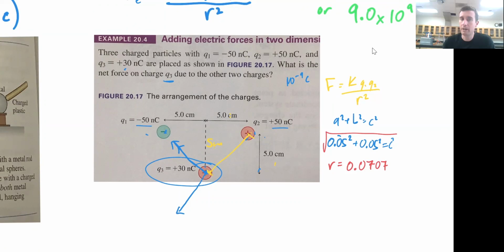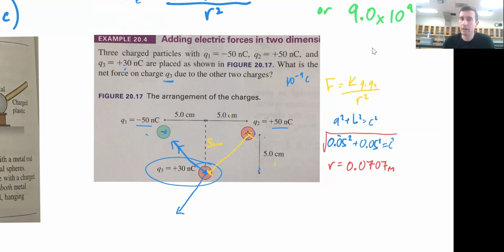And that's 5 square root of 2, right? 5 centimeters times the square root of 2. So that would be in meters. Now I can plug that value in to find the total force.